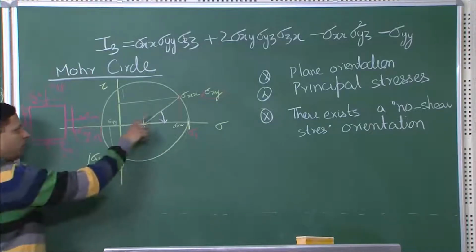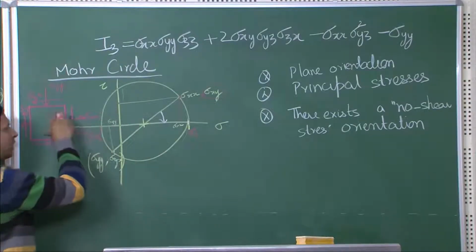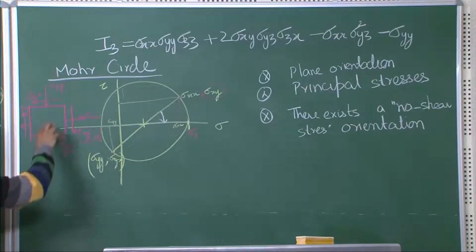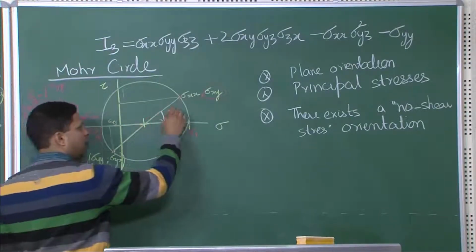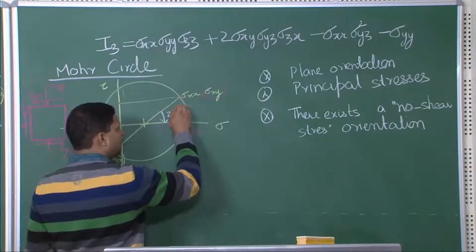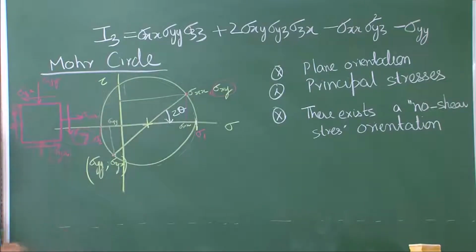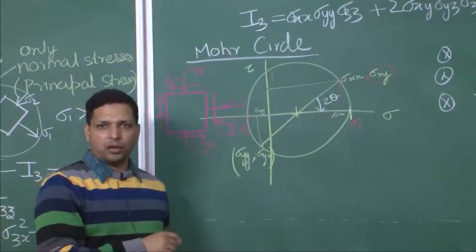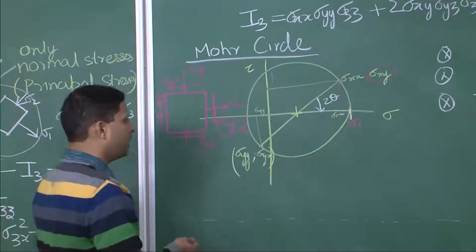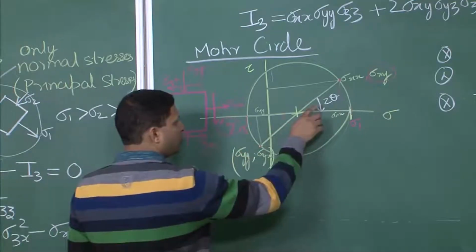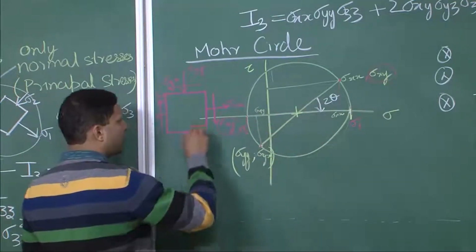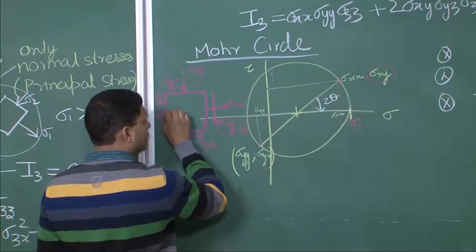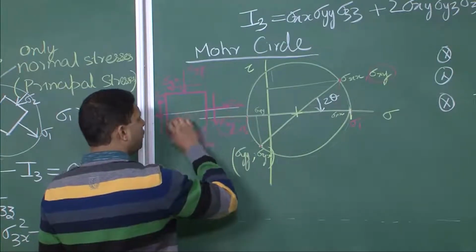But how much do we need to rotate? Let us say I see over here that this has to be rotated by 2 theta, and there is a reason why I am writing it as 2 theta and not as theta. How much should the actual element be rotated by? We have not gone into the equation, so I will simply put it here in words: if you want to go to 2 theta in the Mohr circle, then you have to rotate your element by half of that angle.